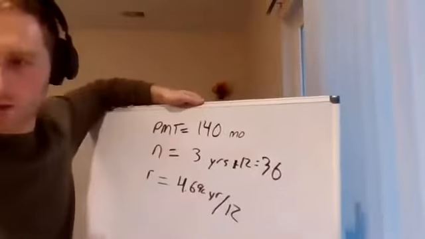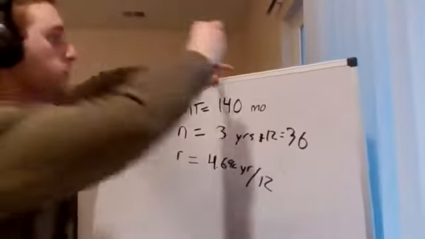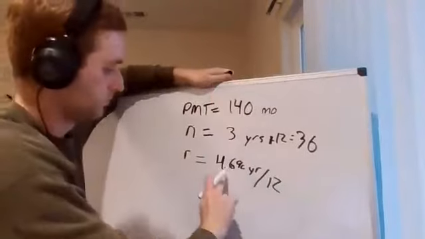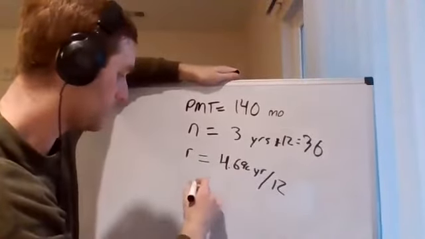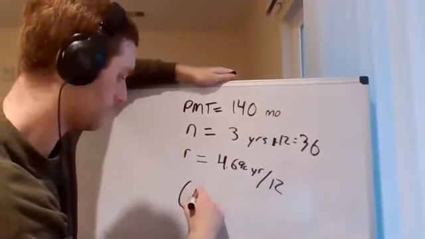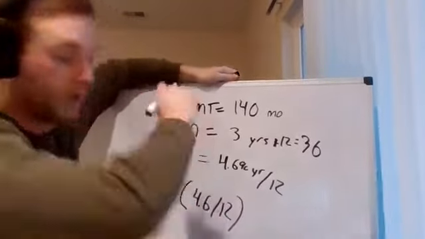So in his equation, he has it as a decimal. What I'm gonna do is keep it like this just so you see it, but in his equation, it's a parentheses. So 4.6 divided by 12 parentheses.